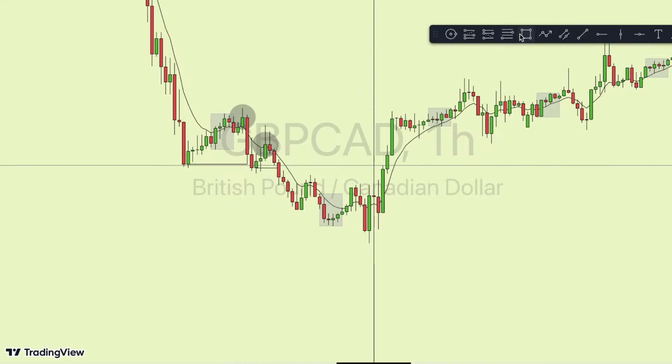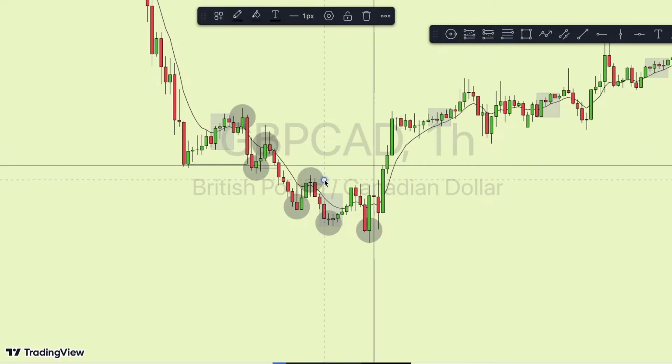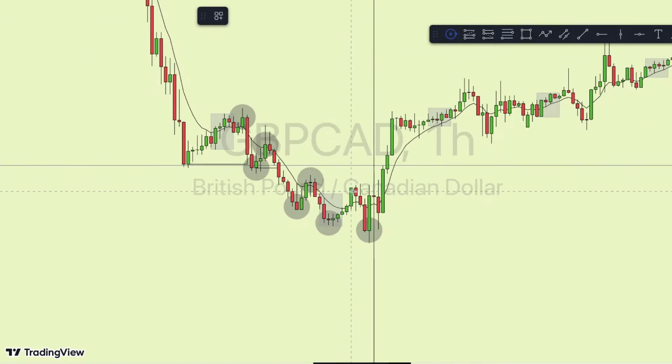So here we have a lower low, here a lower low, here a lower low, and here a lower low. These are all our lower lows. Every high above these lower lows is a lower high. Lower high, lower high.